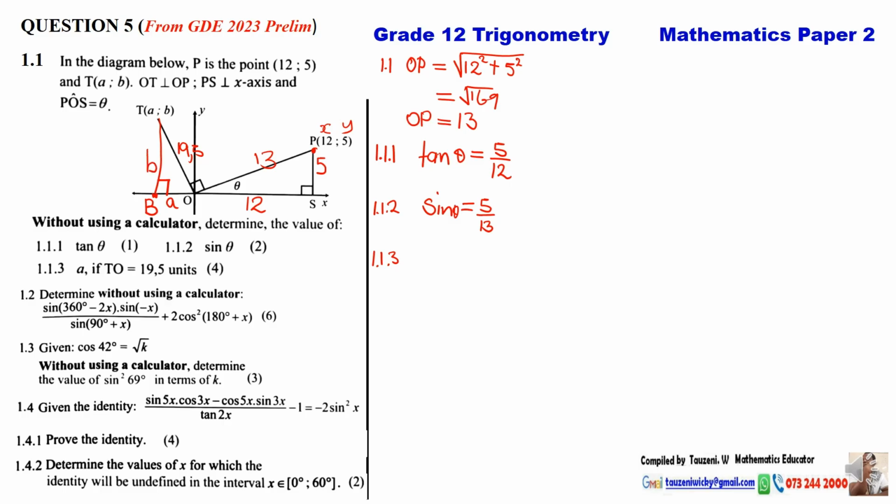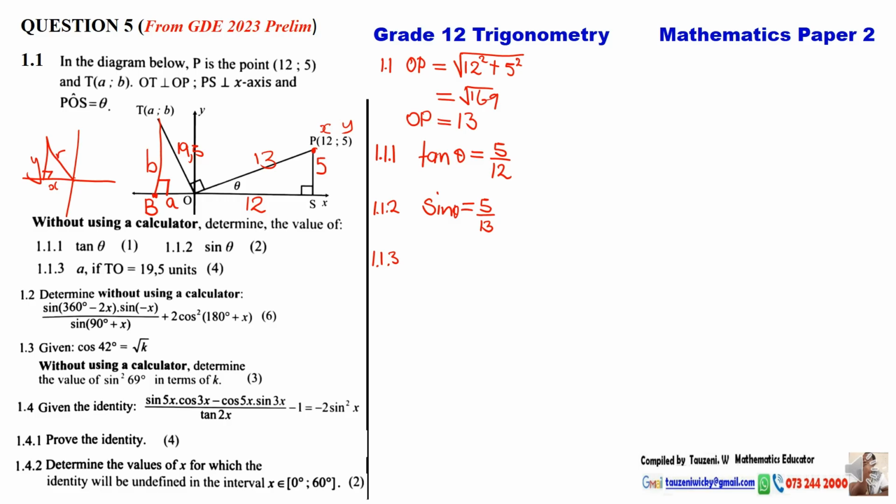So we have a right-angled triangle that has got measurements A and B, and the hypotenuse is equal to 19.5. We need to be reminded that in trigonometry, when working with a triangle which is in quadrant 2, 3, or 4, let's say I have a triangle in quadrant 2 where the measurements are given as x, y, and r, and I want to find the trigonometric ratios.